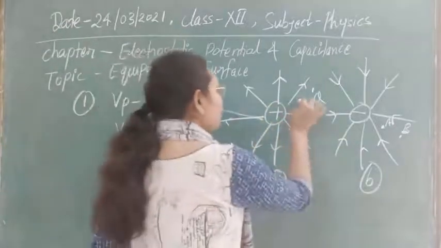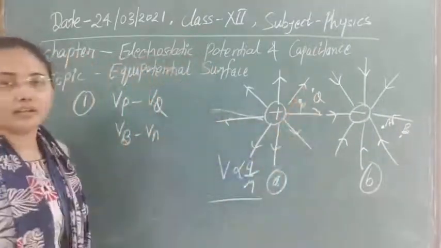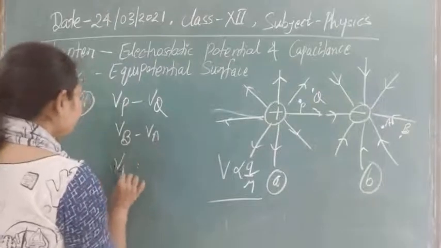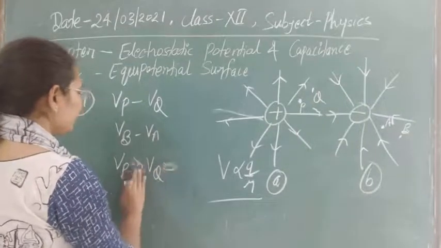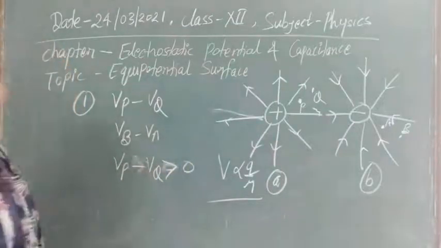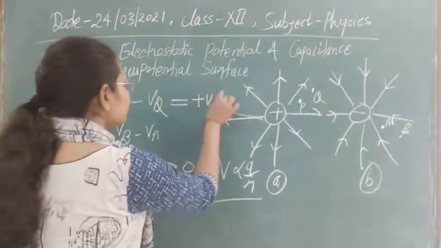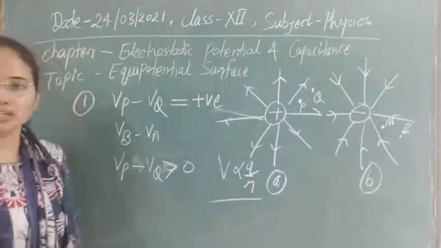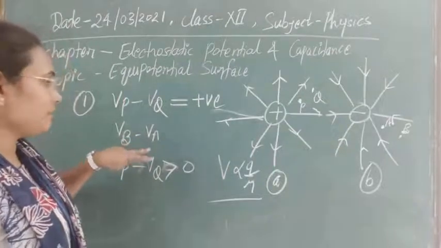Means the potential at point P, due to the smaller distance, will be greater than the potential at point Q. So when Vp is greater than Vq, in other words Vp minus Vq is greater than 0. It means its sign is positive. Clear?